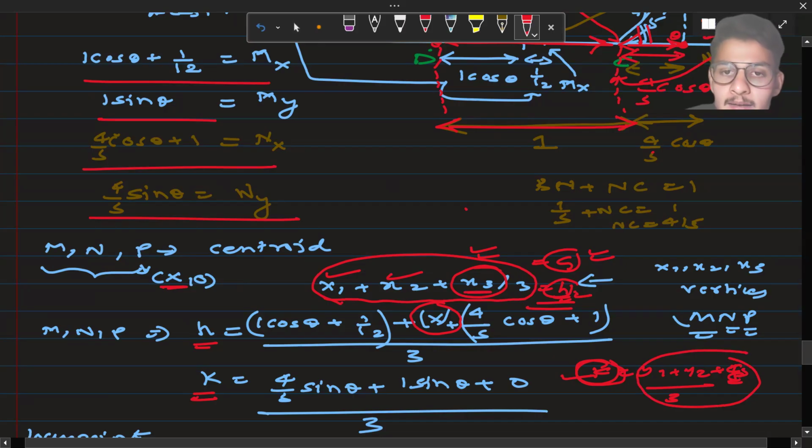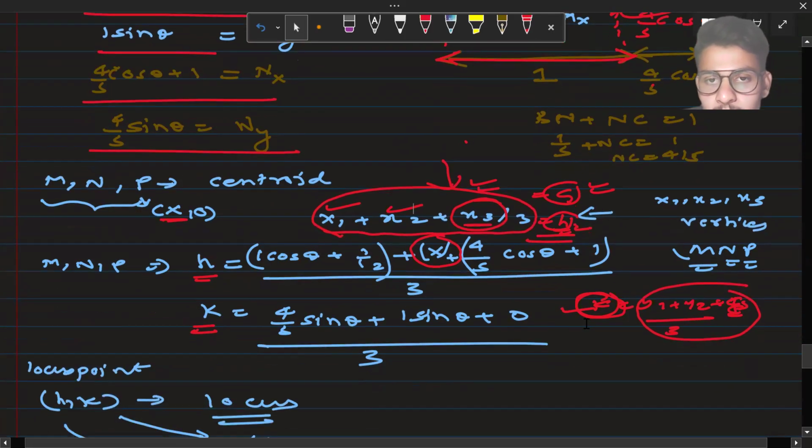Then I will get the value of x3. If h and k were simply given as numbers, it would be simpler to get the x3. But the h and k equation is given, that h and k are following a certain straight line.